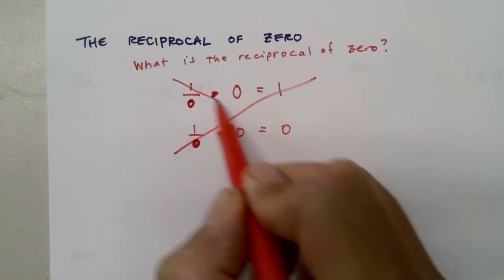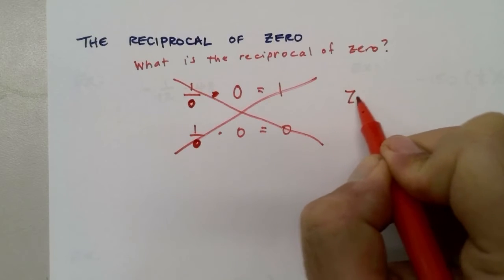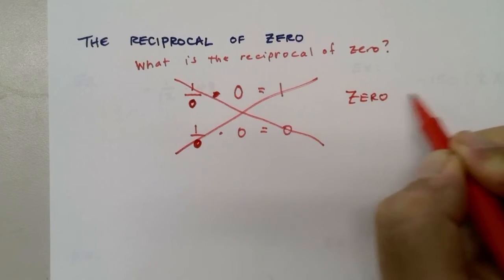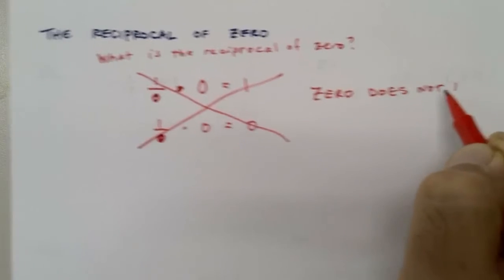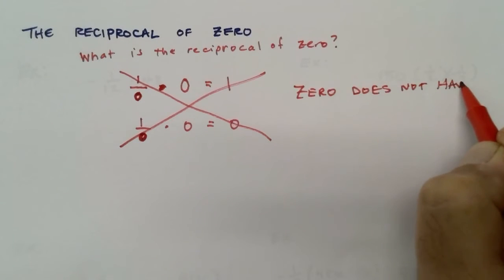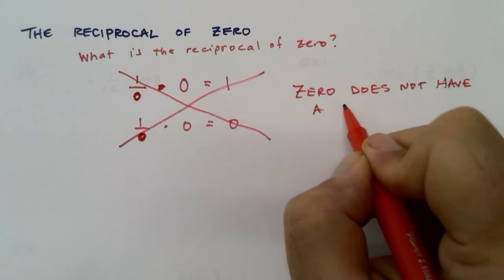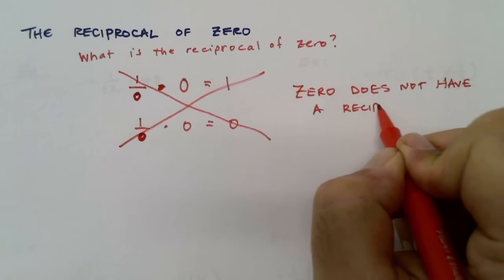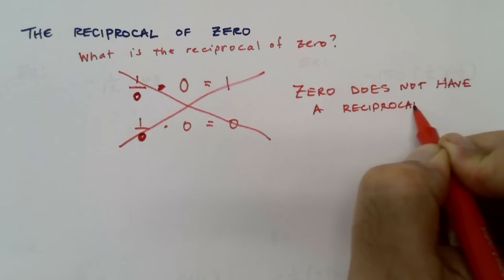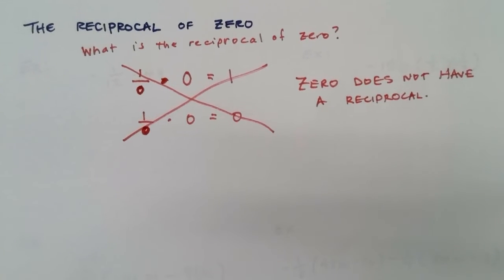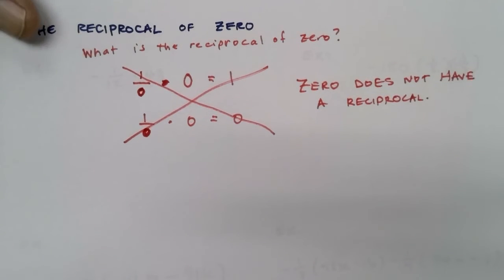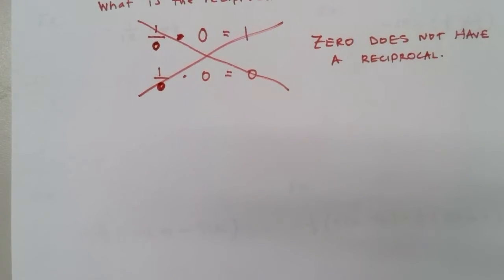So the way we resolve it is by saying 0 does not have a reciprocal. Okay? 0 does not have a reciprocal. So if I ask you, what's the reciprocal of 0? You tell me that's a trick question, Mr. Cubic. And you would be right.